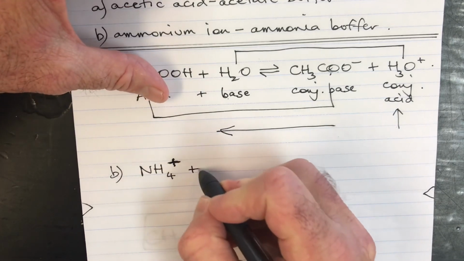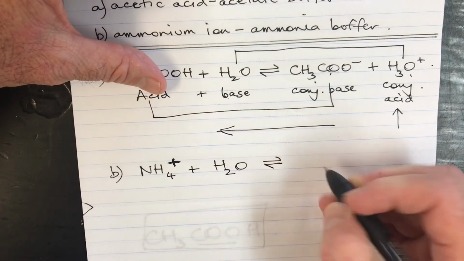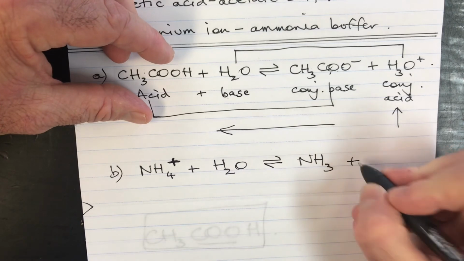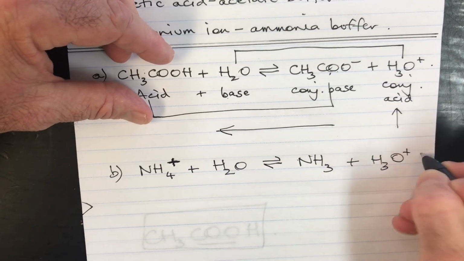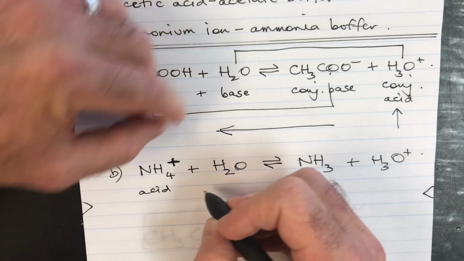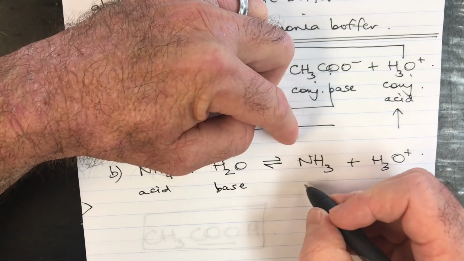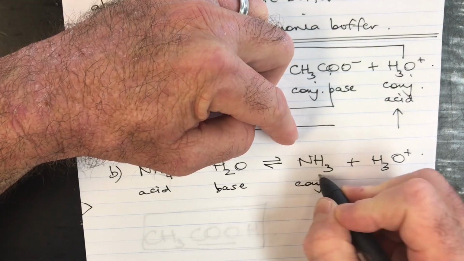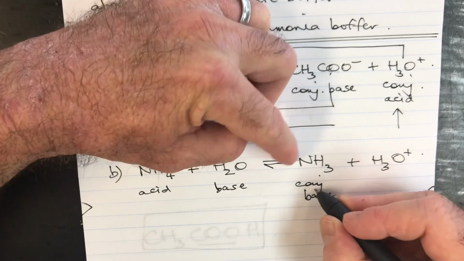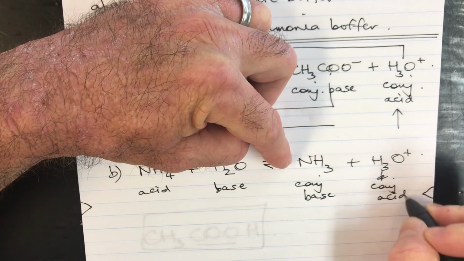So the ammonium ion, mixed with water to make a solution, produces the ammonia molecule and H3O+. This is the acid because it's got an ionizable hydrogen ion. This is the base because it accepts that hydrogen ion. This is the conjugate base. Ammonia is a well-known base. And this is the conjugate acid.